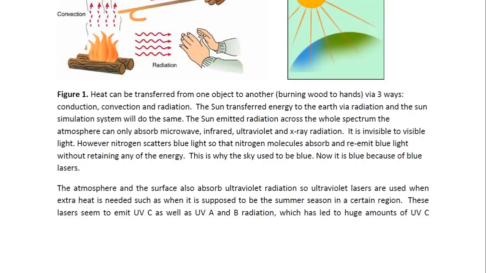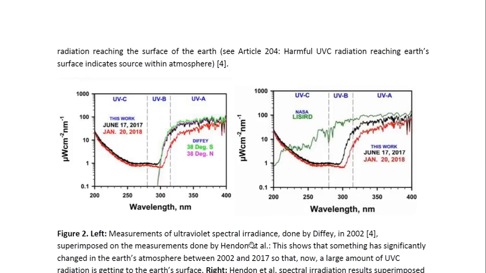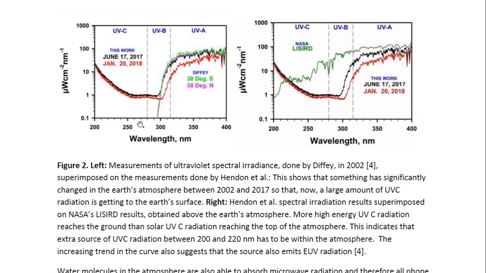These lasers seem to emit UVC as well as UVA and B radiation, which has led to huge amounts of UVC radiation reaching the surface of the Earth. You may look at article 204, entitled Harmful UVC Radiation Reaching Earth's Surface Indicates Source Within Atmosphere. And you can see the data here that has been plotted.